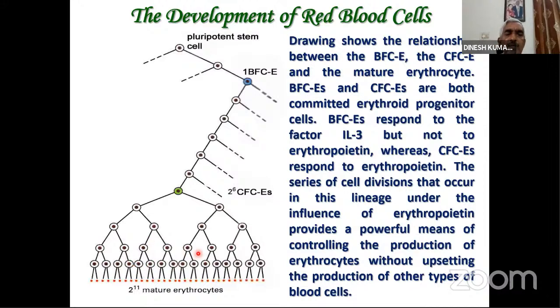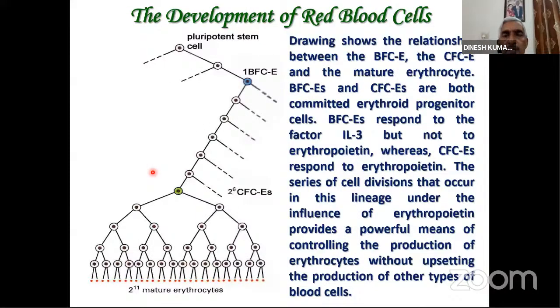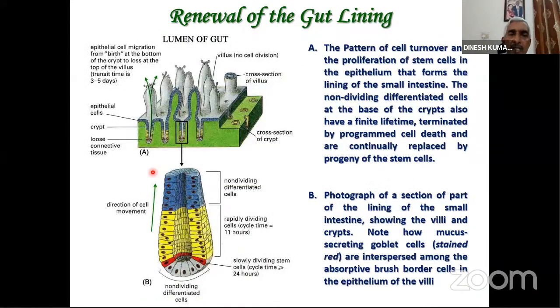So in this way, the number of erythrocytes lost each day is maintained by the formation of erythrocytes in the bone marrow. It is very difficult to distinguish all these types of cells in bone marrow. They are embedded with the fibroblast cells in the mesh. And this is the first reporting of the stem cells.